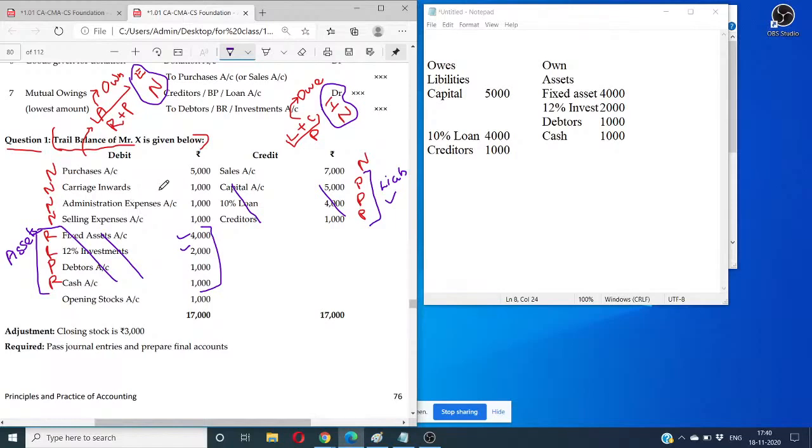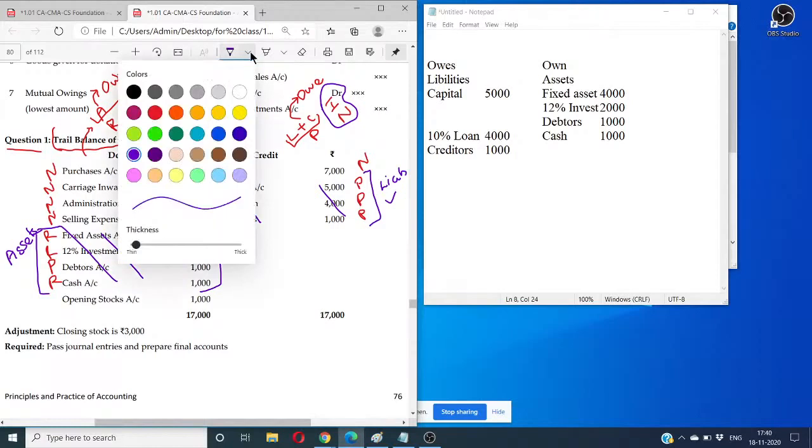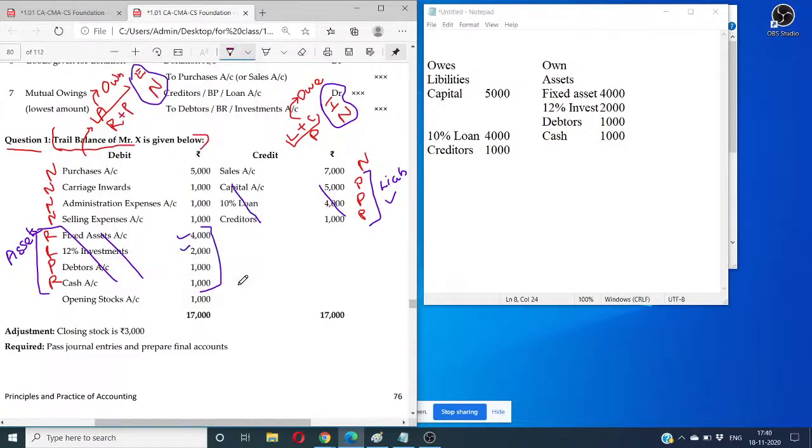Now, without considering the stock here, I'm going to find out the difference. Come on, try to find out the difference here. Yes, here sales is on the credit side. And what items are on the debit side? These items are the expenses.